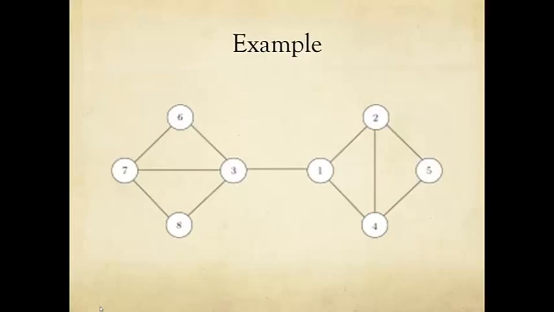This is a network with just 8 nodes, okay? And we could compute the 4 different centrality measures for each of the 8 nodes. That would take too long. Let's focus just on 2 nodes, nodes 1 and 2 here. If you just look at the graph, intuitively you say, well, node 1 has a degree of 3, node 2 has a degree of 3, but they shouldn't be equally important.